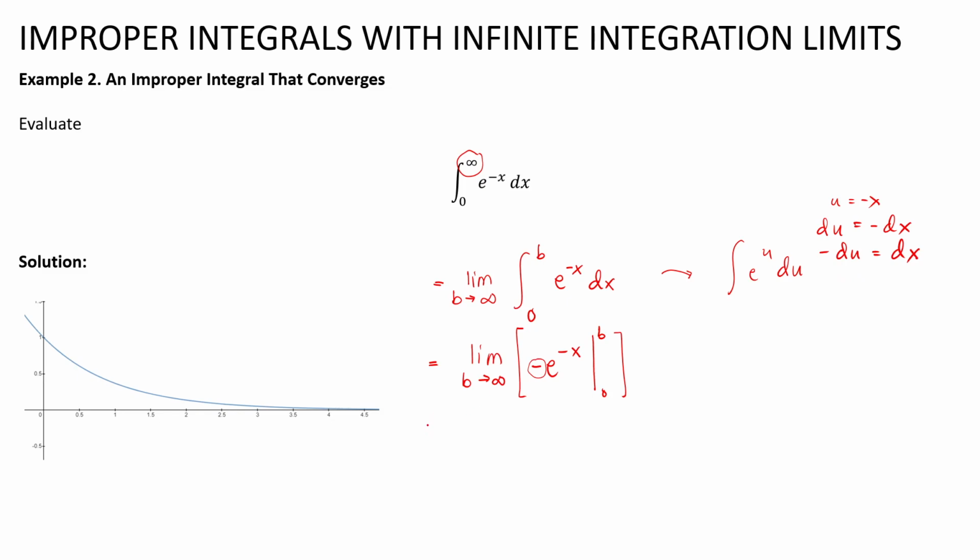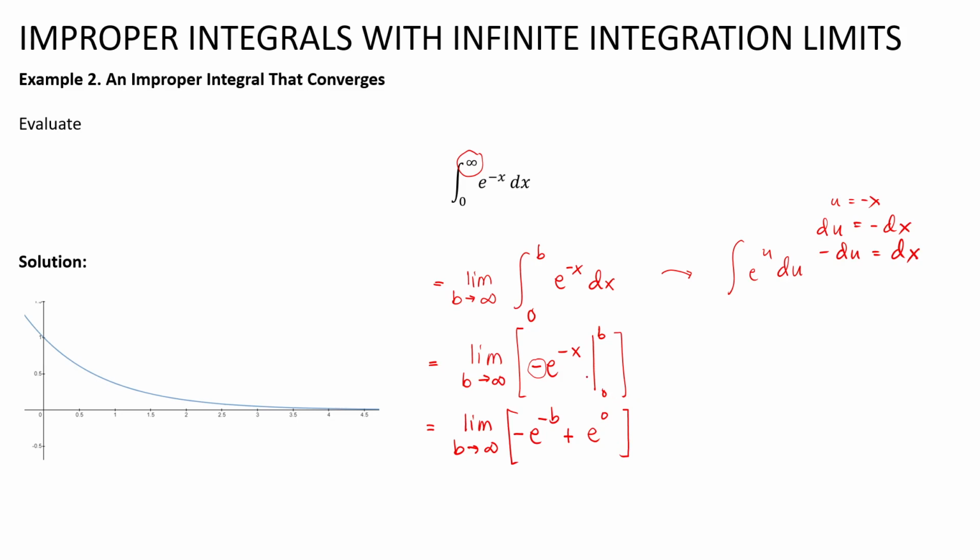Applying the limits, we have the limit as b approaches infinity of negative e raised to negative b, minus negative e raised to 0. Instead of putting so many minus signs, we can just put plus e raised to 0.